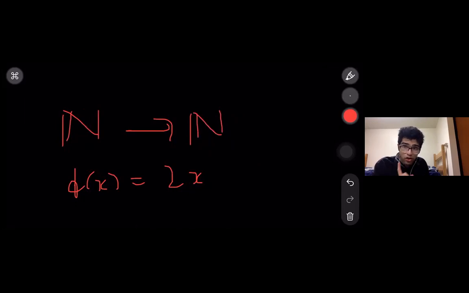It is still one-to-one, by the way, because no two numbers will be mapped to the same thing, but it is not an onto function, because for the number 3, I don't have a partner. There is no number in my domain which can take me to the number 3, because the half of 3 is 1.5, and 1.5 doesn't belong to my domain. So can somebody tell me what is the range of this function?